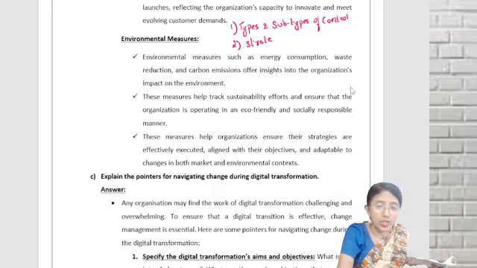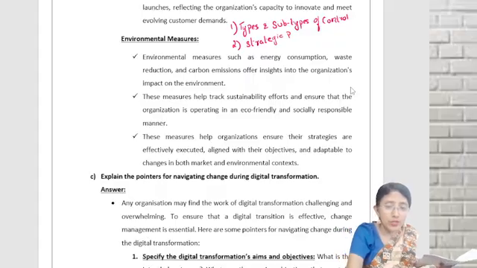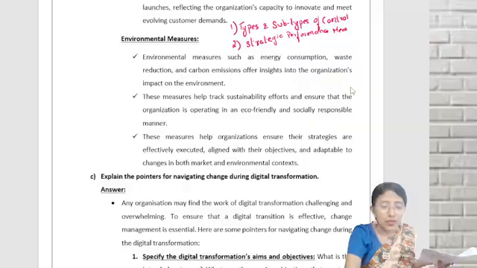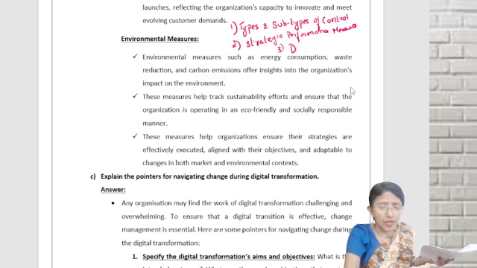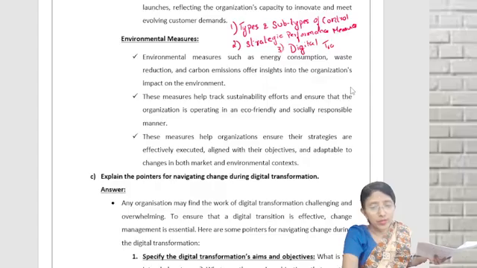Okay, so this is strategic performance measures. And the third one is digital transformation. These three segments I have very clearly given in the Bharadwaj material and in the PPT. Okay.